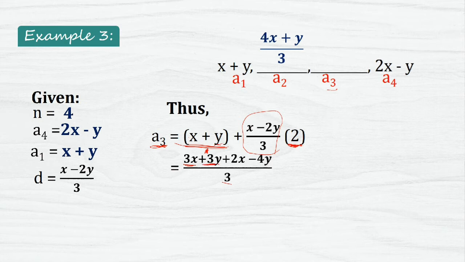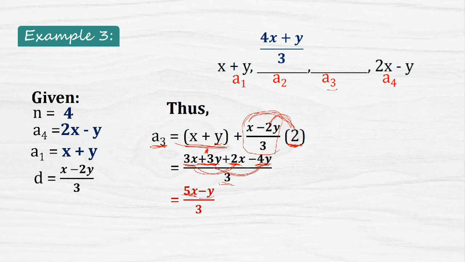So, 3x plus 3y. And then, here we multiply this by 2. So, positive 2 times positive x is positive 2x. Positive 2 times negative 2y is negative 4y. All over 3. And then, combine like terms. 3x plus 2x is 5x. 3y minus 4y is negative y.